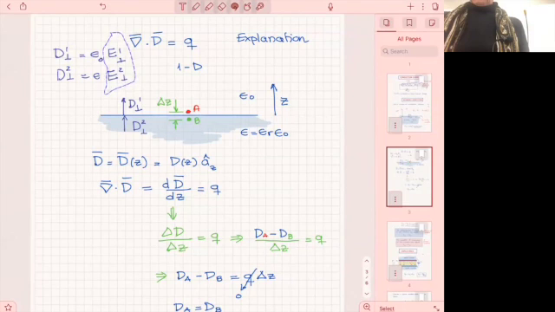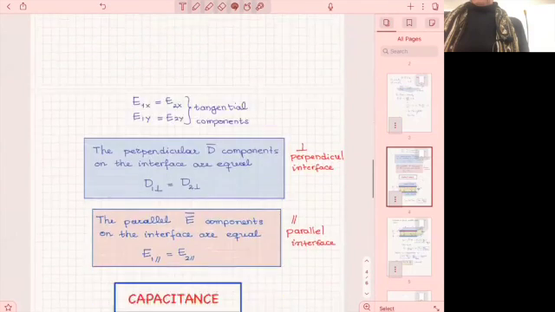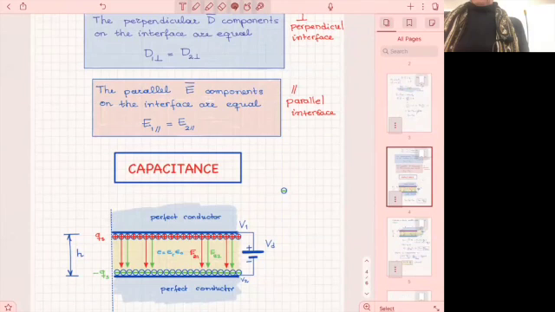Now, contrary to that, the parallel components of the electric field are equal. And again, because of the relationship between the electric field and D, that implies that the parallel components of the D vector, which is the electric flux density, will be discontinuous.